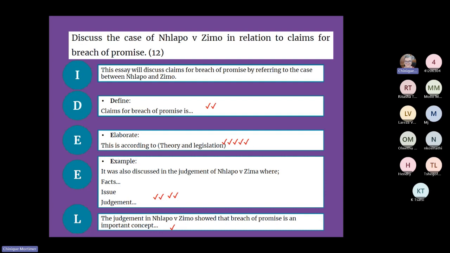Then the example you put in here, it was also discussed, or this was also the issue, or X claims for breach of promise was also the issue in, and then you give the name of the case, right? And then you just write a concluding sentence. Why is claims for breach of promise important for our study of marriages or our study of civil unions or whatever the case may be?